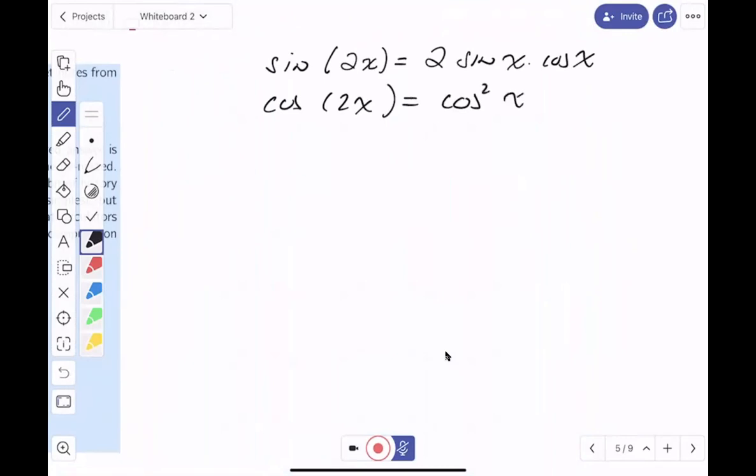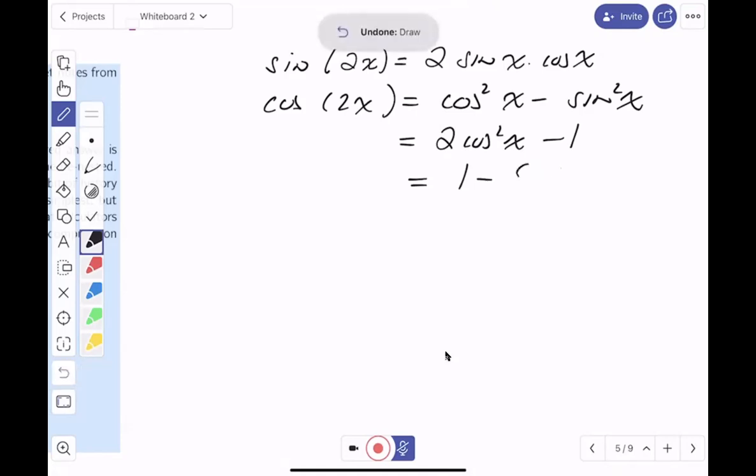Cosine squared x minus sine squared x. These are the double angle formulas. This is also going to be 2 cosine squared x minus 1, or 1 minus 2 sine squared x.